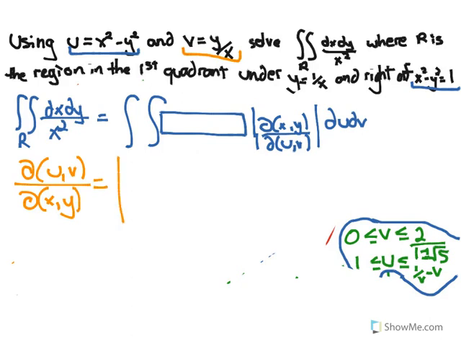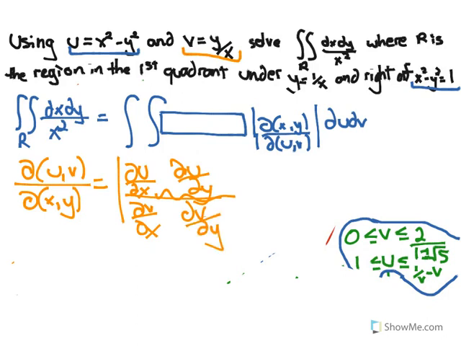So I'll write it all out. So du by dx, not du, it's the partial derivative, and du by dy, and dv by dx, sorry, there shouldn't be a line there, and dv by dy. So all those partial derivatives, and take the determinant.